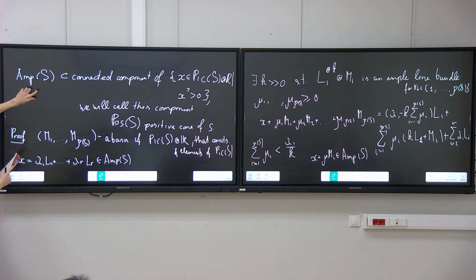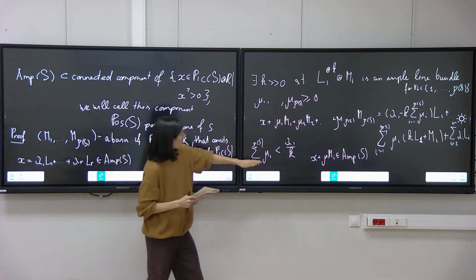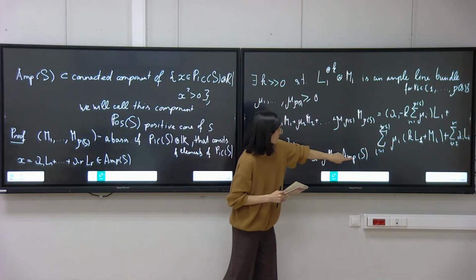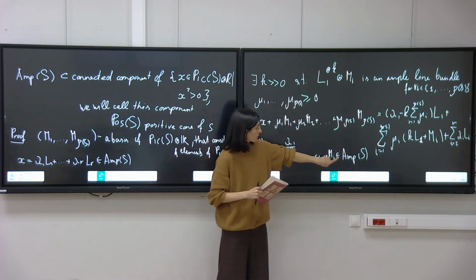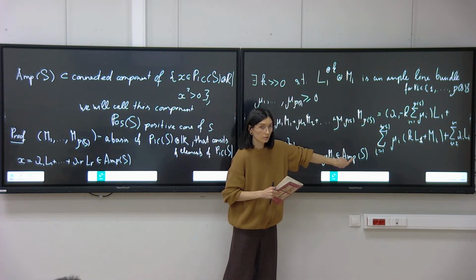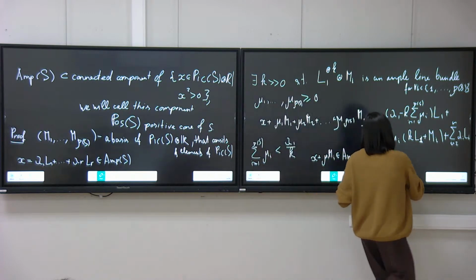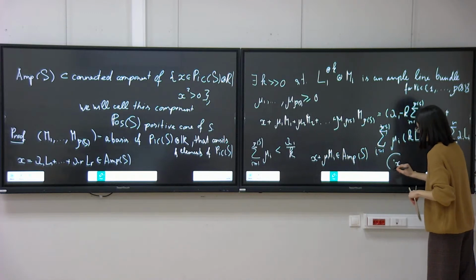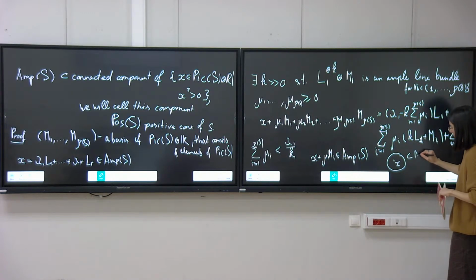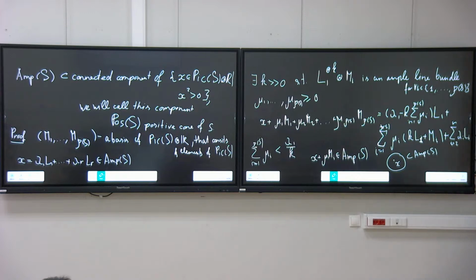So this means that there exists a ball with center in X in this ample cone. We fixed an element here, and we know that for such sums, this lives in an ample cone, right? So there exists a ball centered in X in the ample cone of S. The LIs are just ample line bundles.